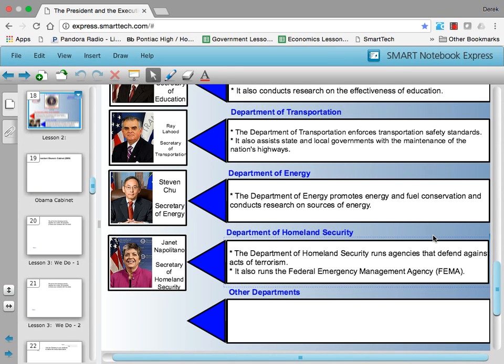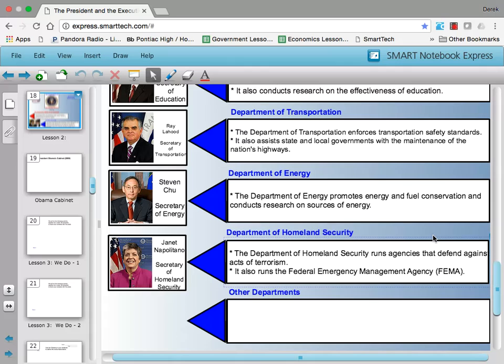So anytime there's a terrorist threat, the Department of Homeland Security is going to make sure that the National Security Agency, the Central Intelligence Agency, and the Federal Bureau of Investigation, or the NSA, CIA, and FBI, love all those letters, are going to be working together and sharing information in an effective way so that we don't have another 9/11 style terrorist attack where we had all the right information in the right hands, but they weren't talking with each other, so we didn't actually know what was going on.